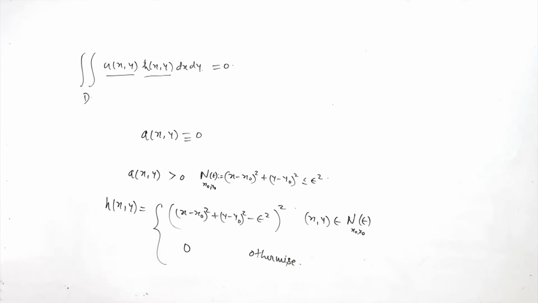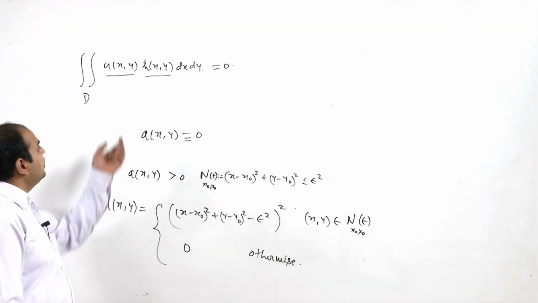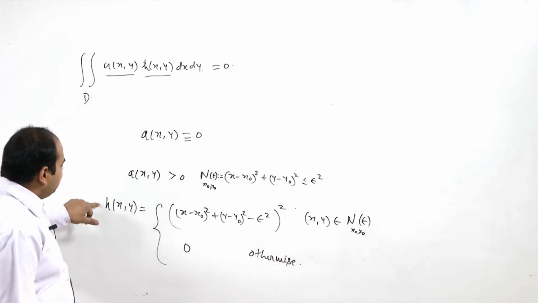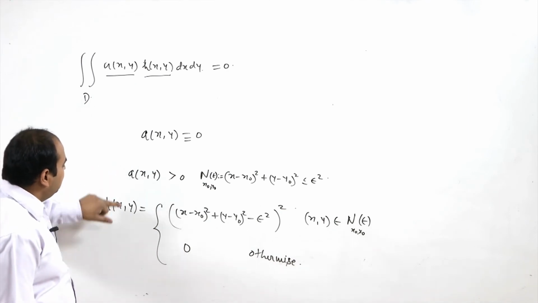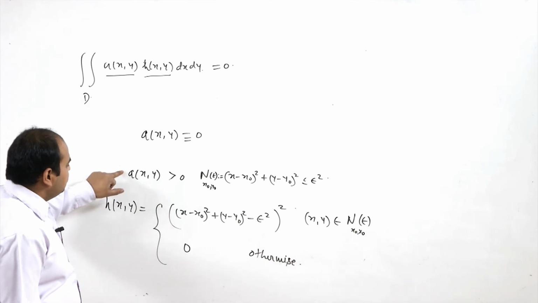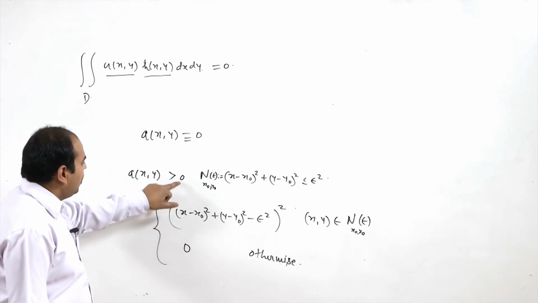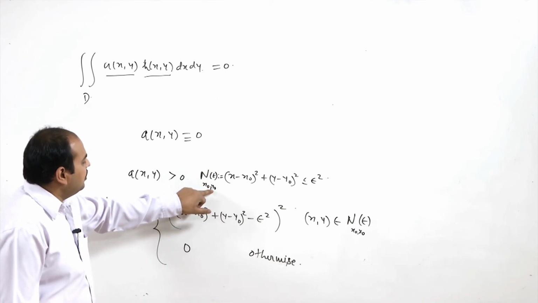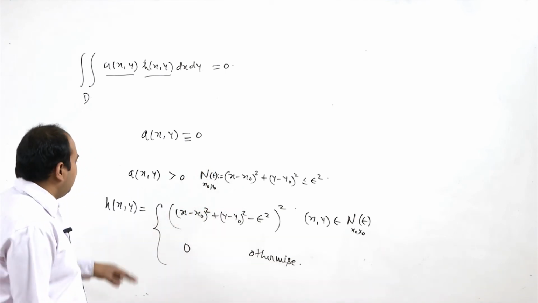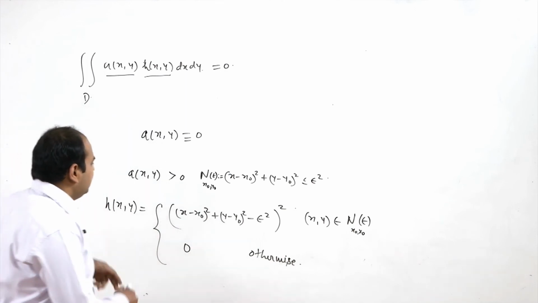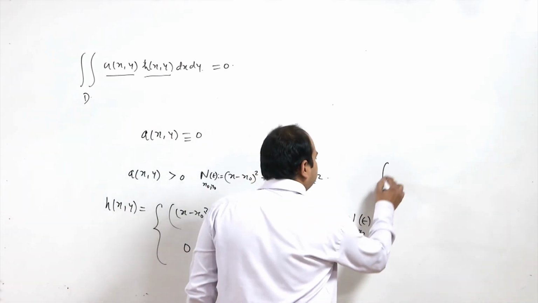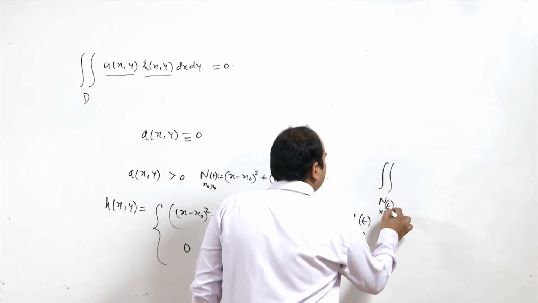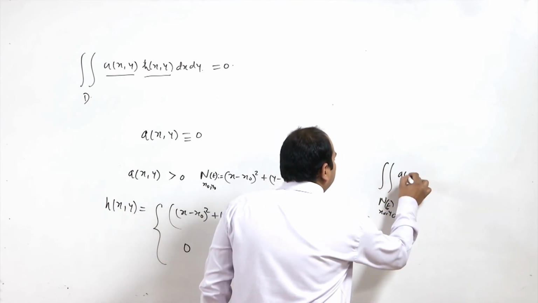So h(x,y) satisfies all the assumptions of the lemma, and the product of h(x,y) and A(x,y) is going to be positive on this small neighborhood around (x naught, y naught) with radius epsilon. In this case, if you find the integral on N epsilon of (x naught, y naught), it is going to be positive.